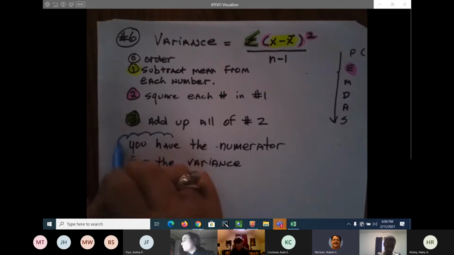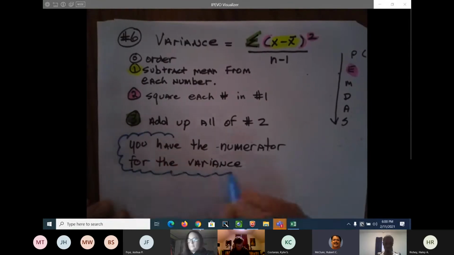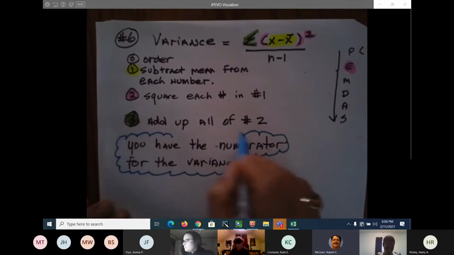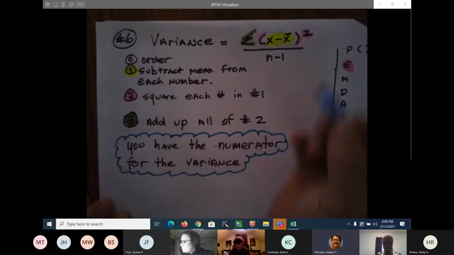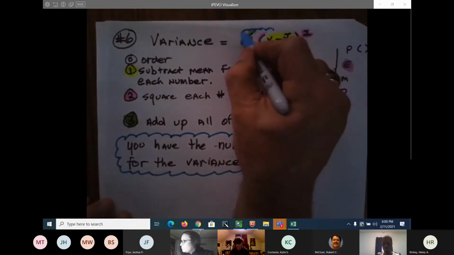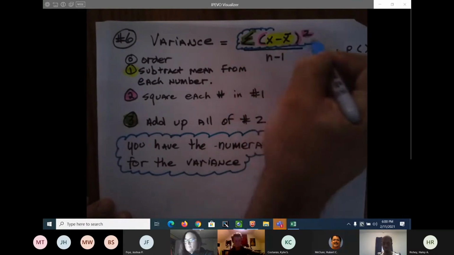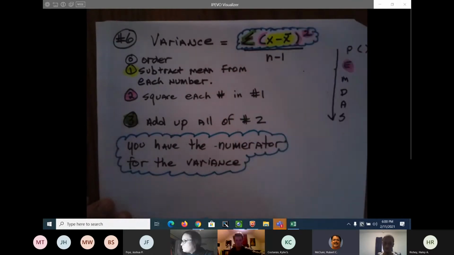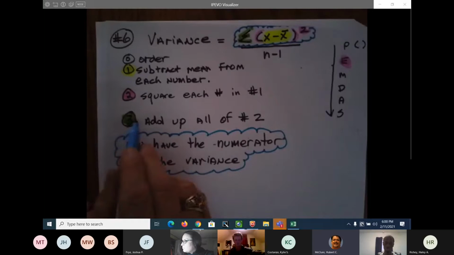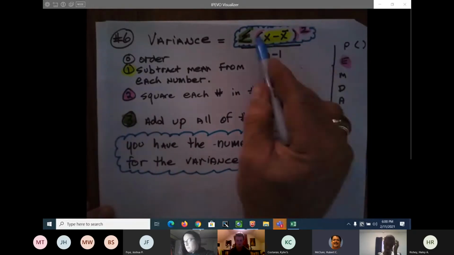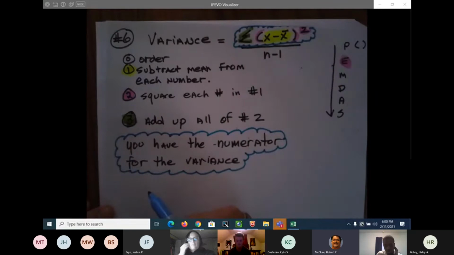I'm going to put a circle around this part right here. And I'm going to take that same blue marker, so when you do number 3, you just found this numerator right here. And of course, I'm not going to show you how to do n minus 1. I think all of you can do n minus 1. And that's the denominator. So that's how you find the variance.